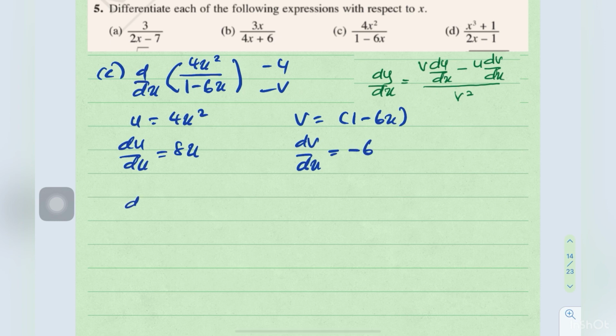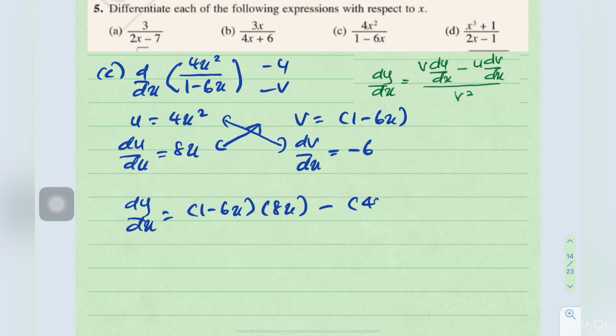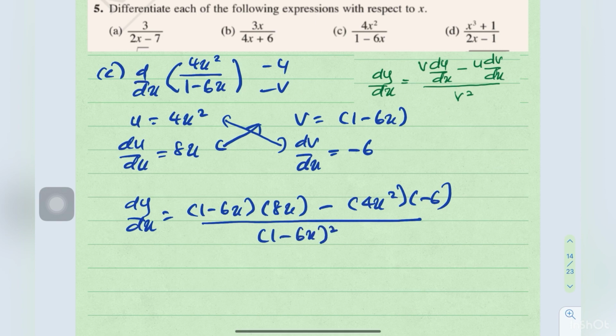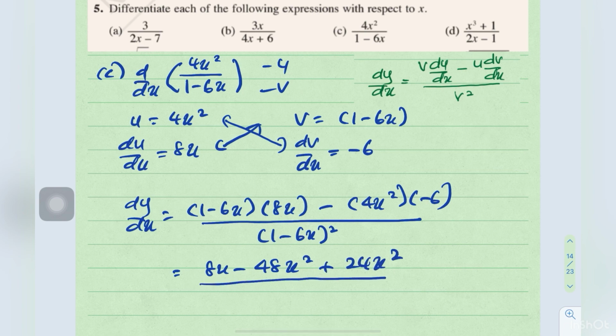Okay, so dy/dx is v du/dx. Okay, (1 minus 6x) times 8x minus u dv/dx. So 4x squared times negative 6 over v squared, (1 minus 6x) squared. Okay, so this one we expand, we get 8x minus 48x squared plus 24x squared over (1 minus 6x) squared.